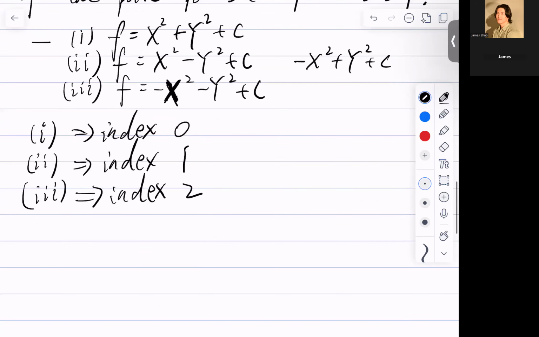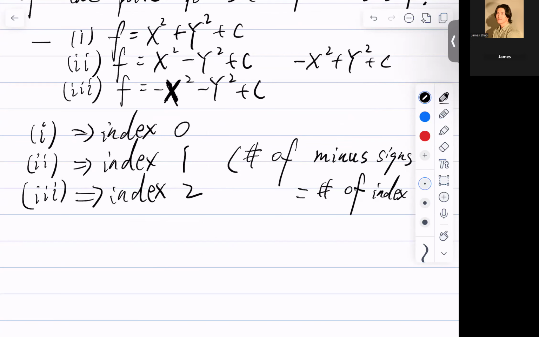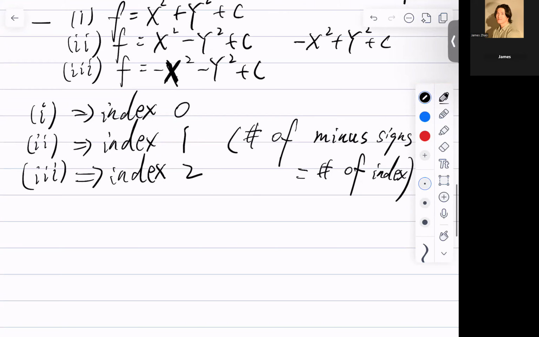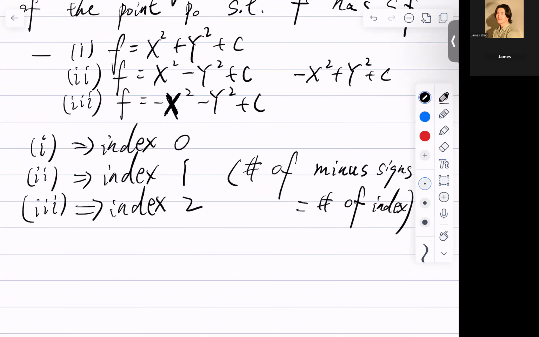There's one way you can tell the index: if you just count the number of negative signs, the minus signs, this should equal the index. This is a pretty easy observation that you can make, correct?